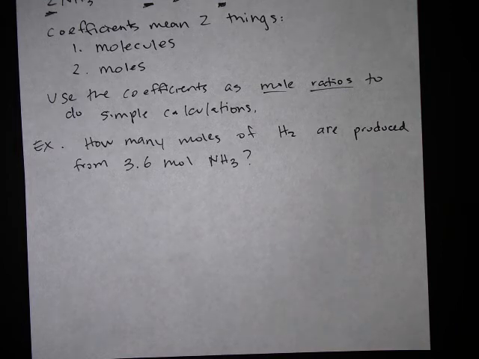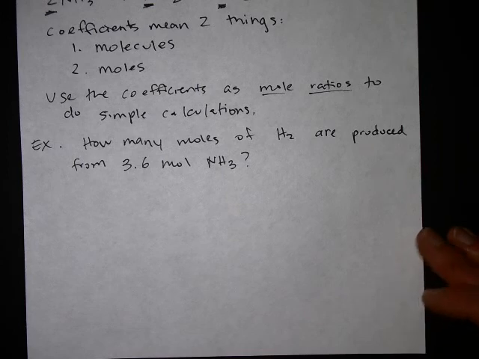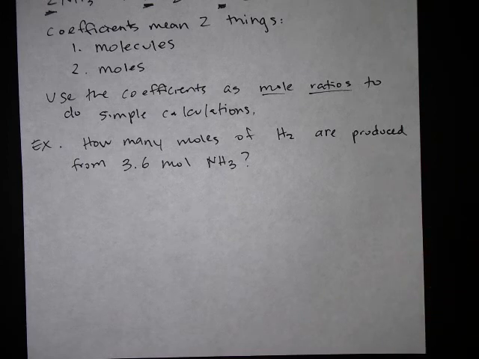Much like the problem we just did above when we're talking about bikes, this can work the exact same way. For a conversion problem, if you forgot conversions, you always start with what you're given, which in this case is 3.6 moles of ammonia. Start there.